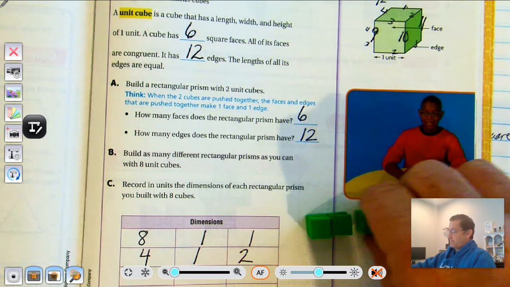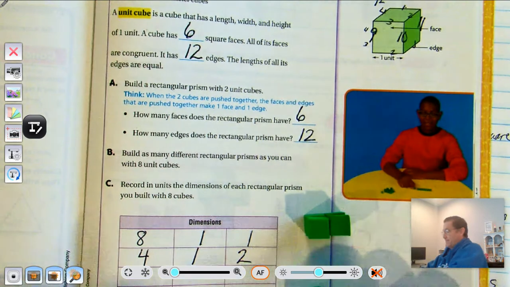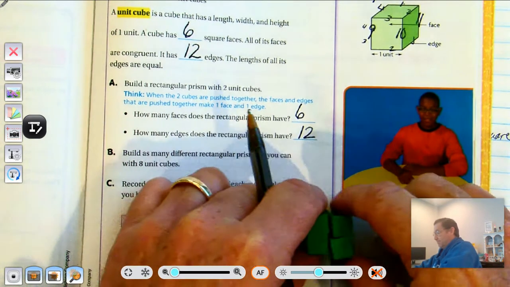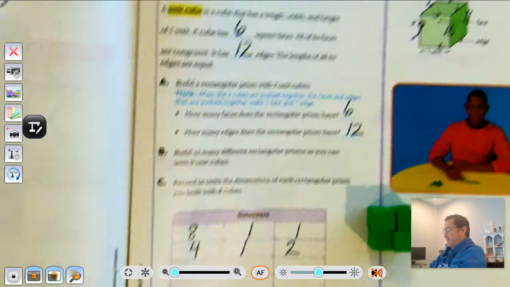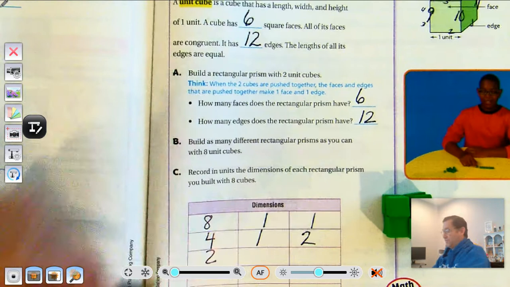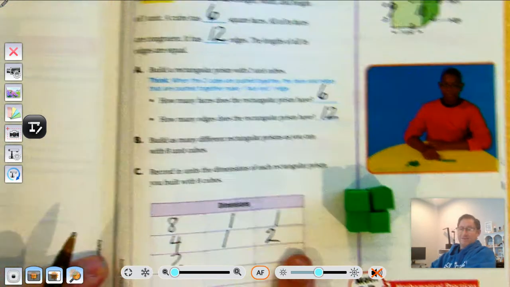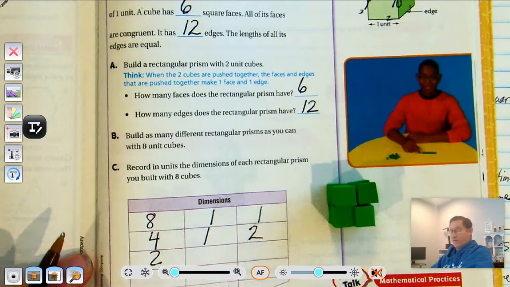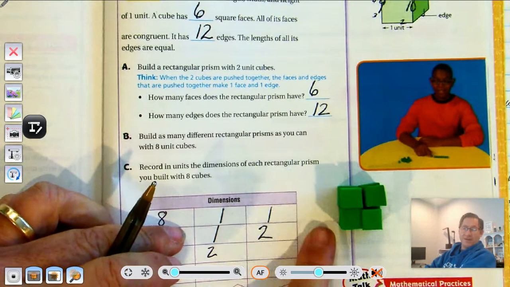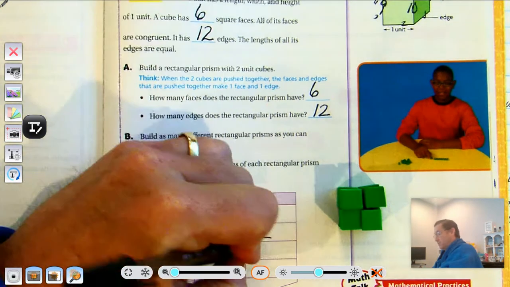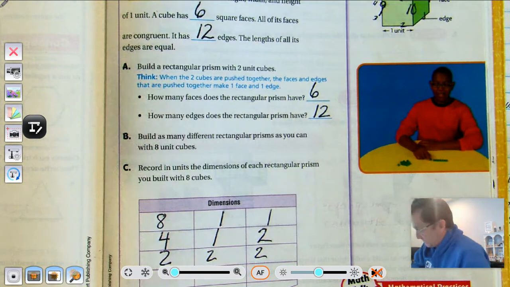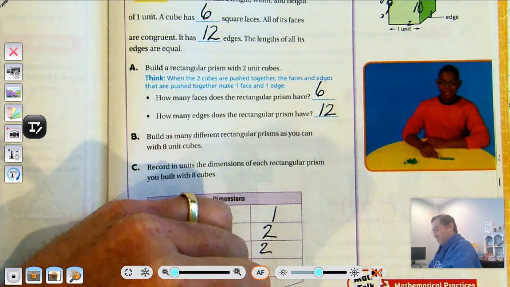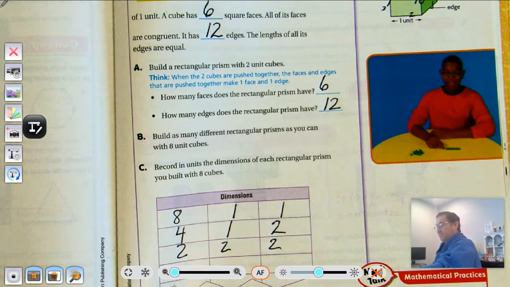What if we did something like this? We have a length of 2. We have a width of 2. And we also have 2 layers. So 2 times 2 times 2. So with 8 cubes, I can build 3 different rectangular prisms.